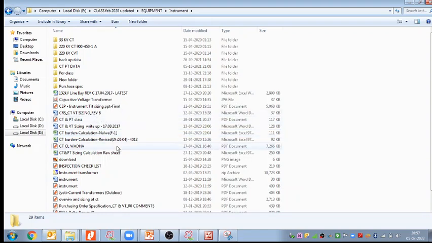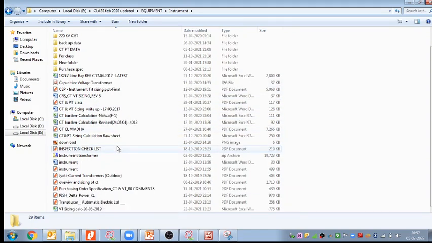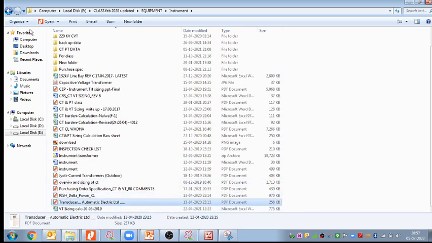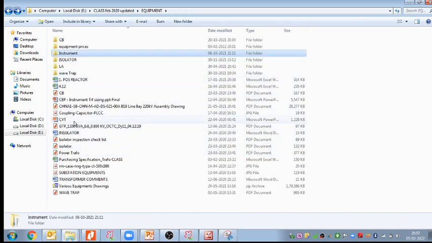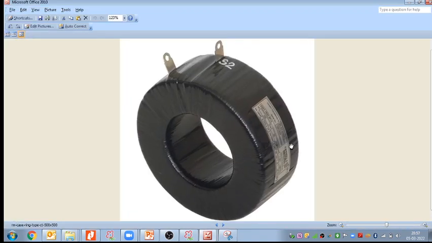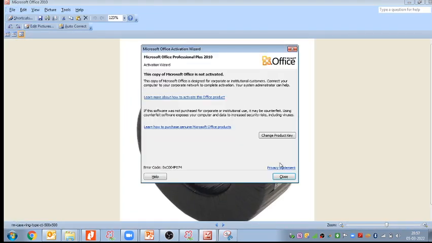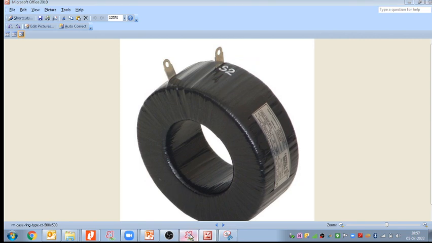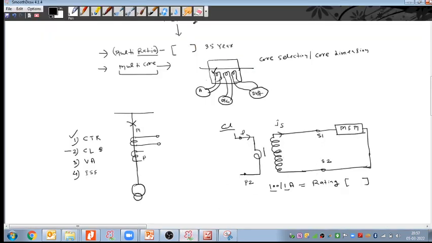Let me take where I have just wanted to show the CT. Yesterday we have seen one side picture about the CT, the ring type CT. That is not clear. S2, S1. So this S1, S2 we have marked like here.